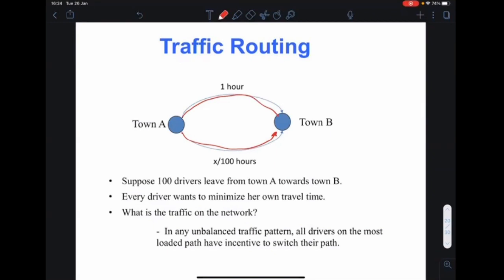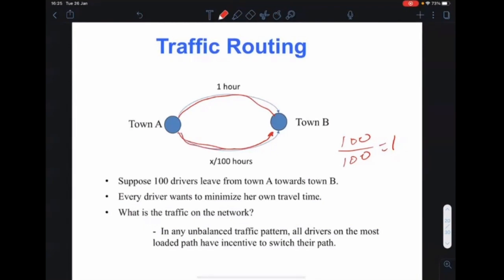For example, if all hundred drivers go down this route, it would take 1 hour. So in this case, what is the traffic on the network? Obviously everybody is going to take this road, right? Because then it will break even in terms of delays.